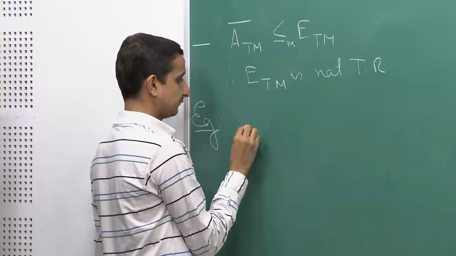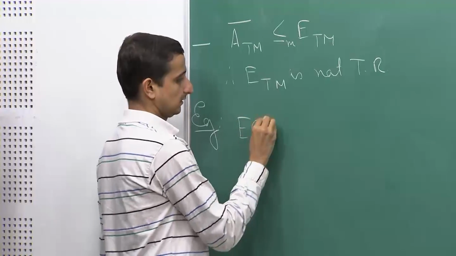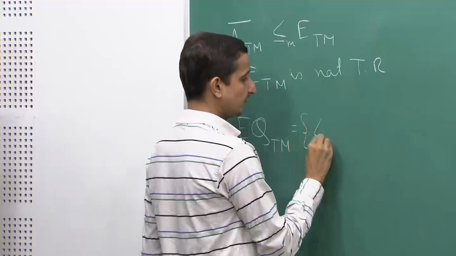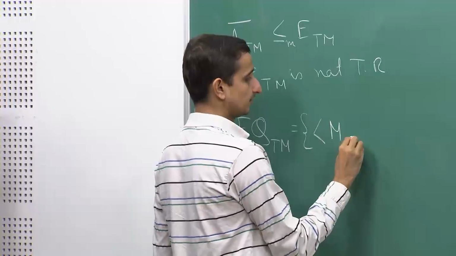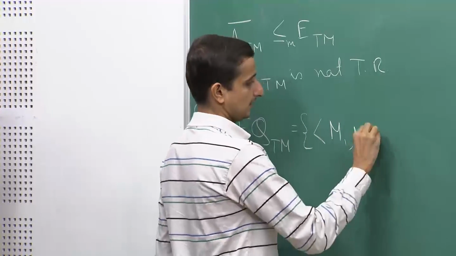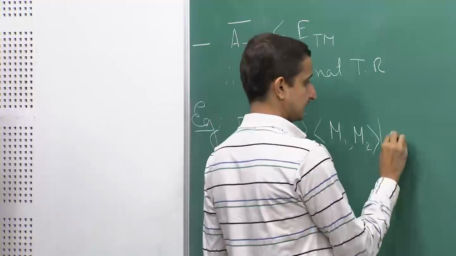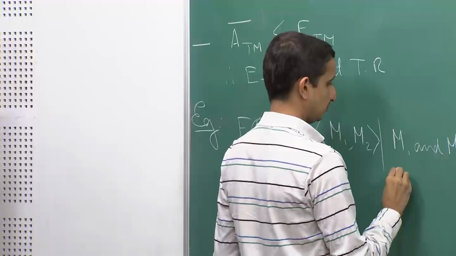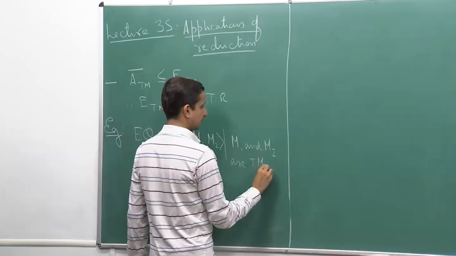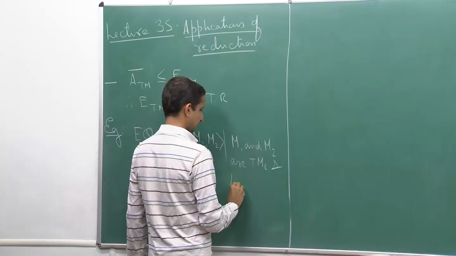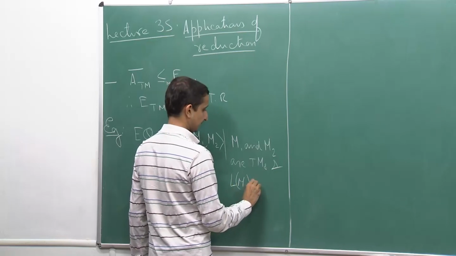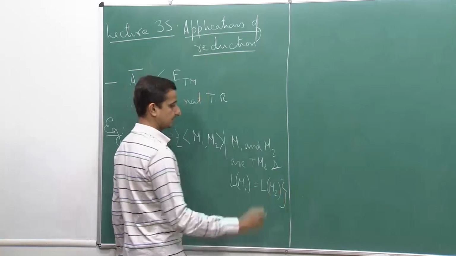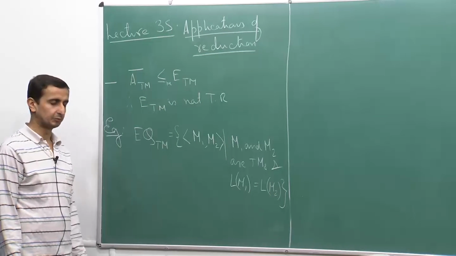So, the first language that we will choose is the language EQTM. EQTM consists of encodings of two machines M1 and M2 such that M1 and M2 are Turing machines and the language of M1 equals the language of M2.